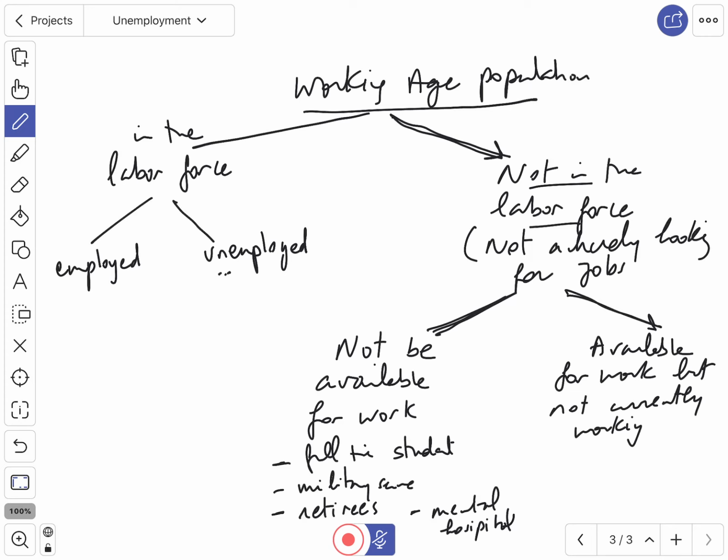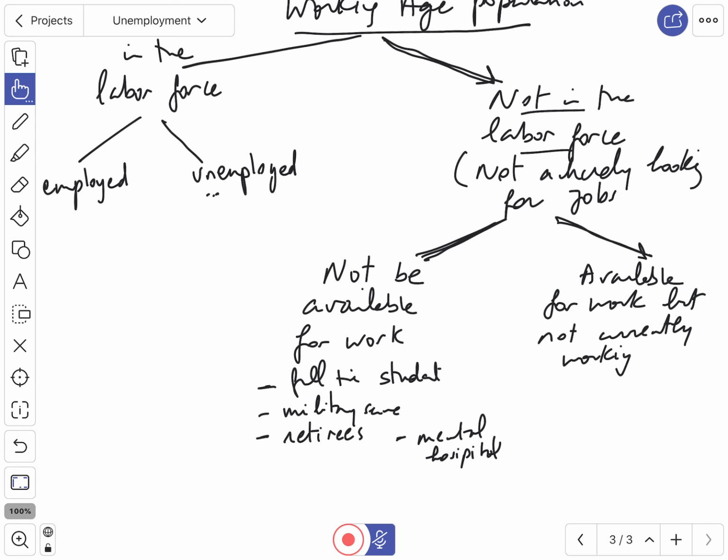So not currently looking because of, probably, child care, right? There might be some problems with transportation. You might be discouraged, actually. You have been looking for a job and couldn't find it, so you got discouraged. So we have to divide these categories into two possibilities.